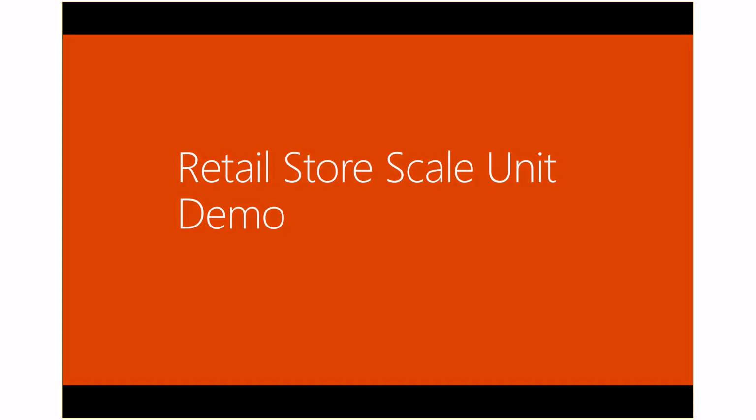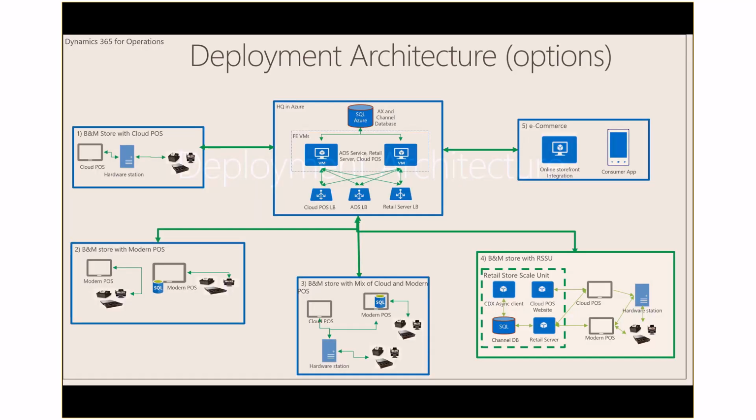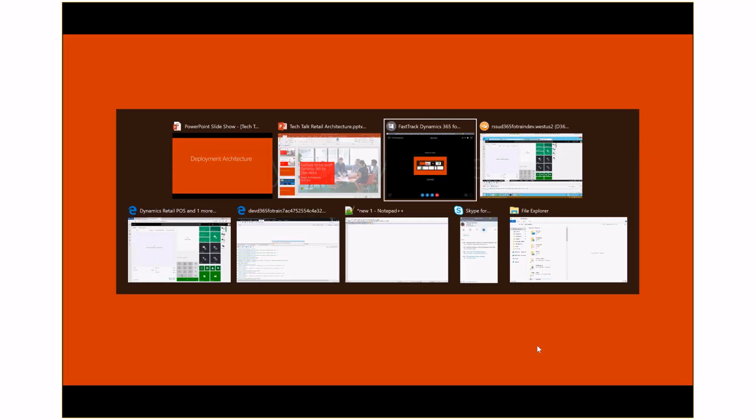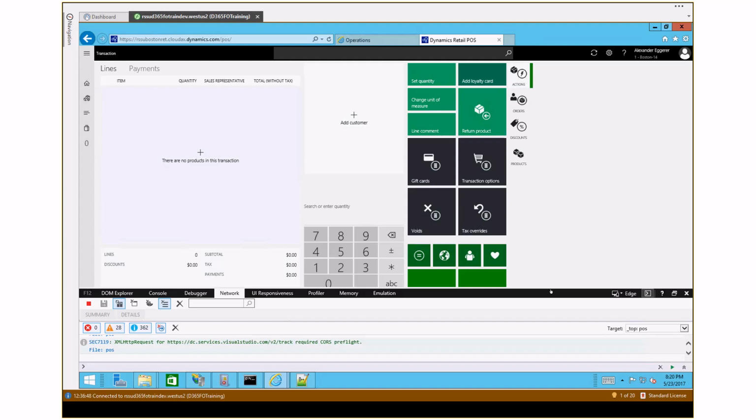Okay, I'm going to do a quick demo of the retail store scale unit. I have an environment where I have deployed a cloud box and a retail store scale unit box, and I'm going to show you two different cloud POSes that talk to the different OData endpoints of retail server.